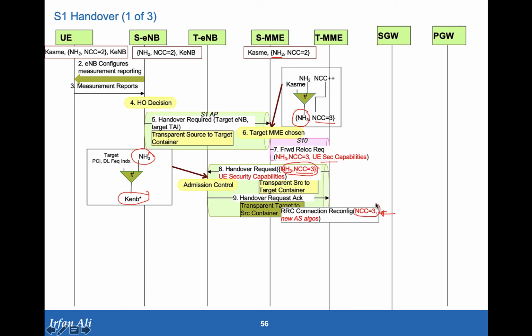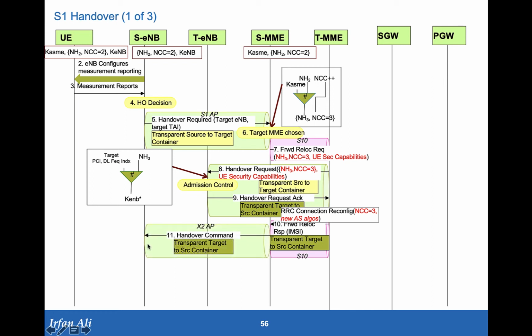And here in the RRC connection reconfiguration command, it has NCC set to 3, and if the access stratum algorithms are changing, it has those also provided in this RRC connection reconfiguration. Now this will take its usual path and go through the target MME to the source MME, and from the source MME to the source eNode B, and from the source eNode B to the UE.